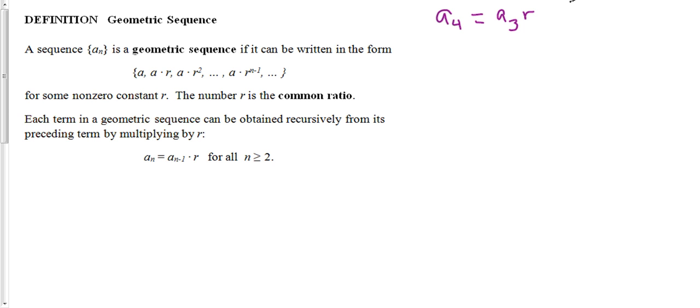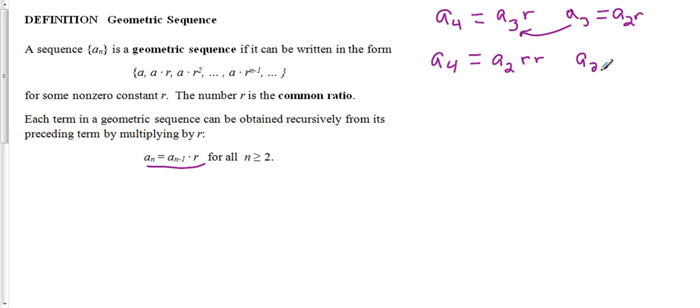We know what a_3 is, don't we? If we go back to the recursive definition, it says that a_3 is equal to a_2 times r. I could substitute in for that a_3 term, and a_4 is now equal to a_2 times r times r. But I also know what a_2 is.